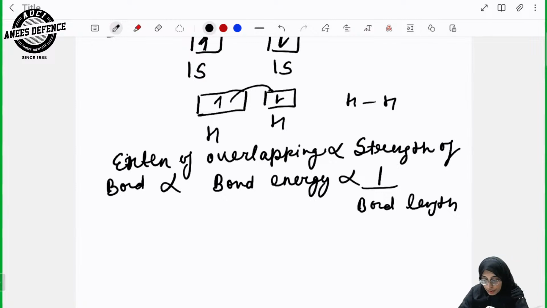Can paired electrons in the valence shell participate? No. Electrons which are paired in the valence shell cannot participate in bond formation.